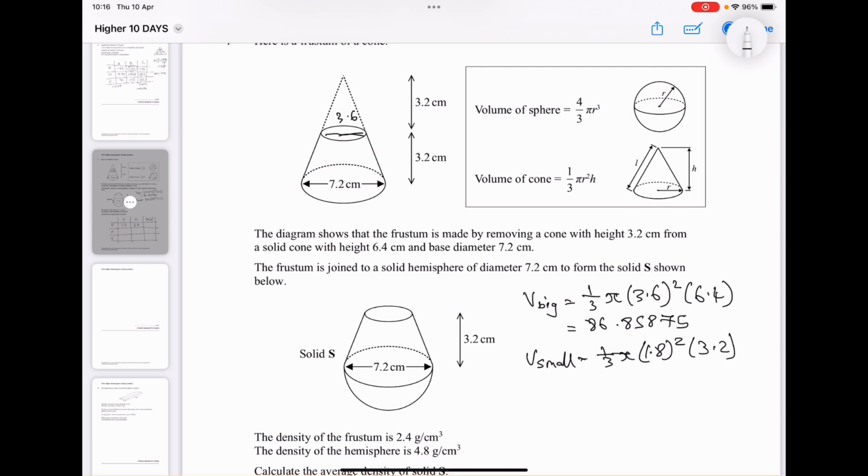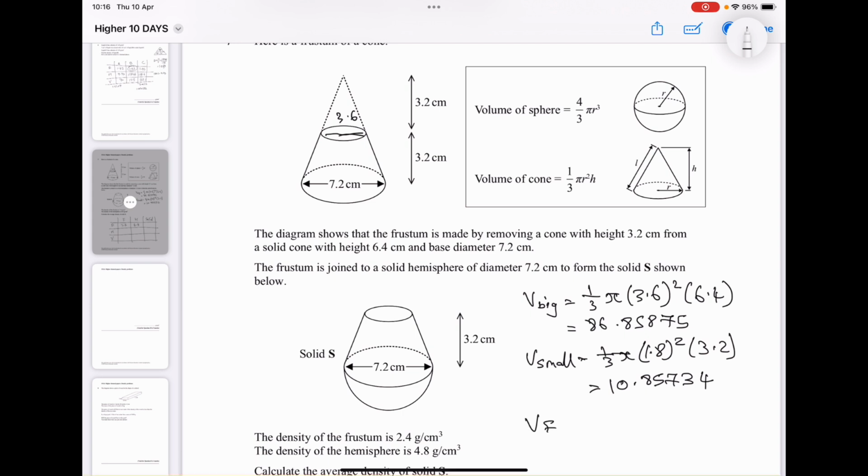So 1/3 pi 1.8 squared times by 3.2, and that is 10.85734.